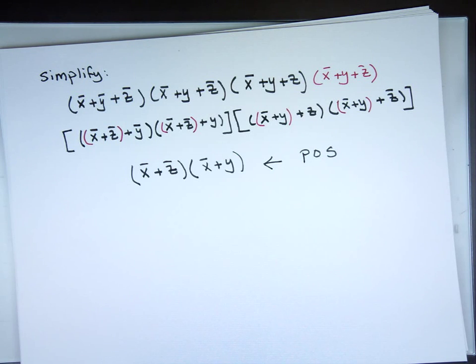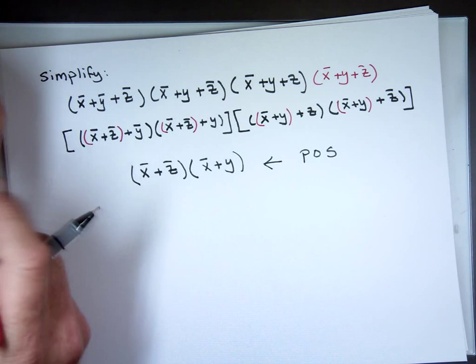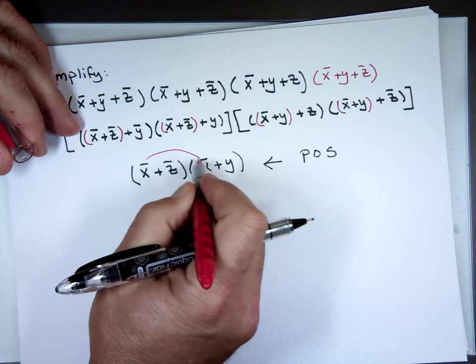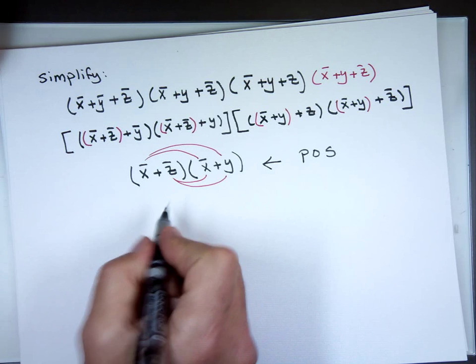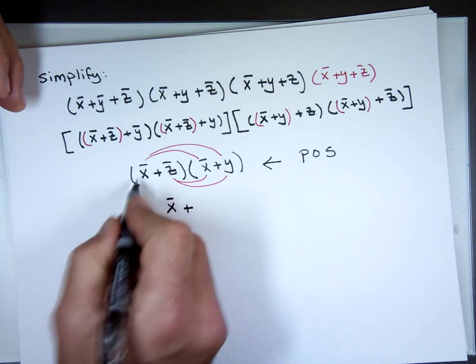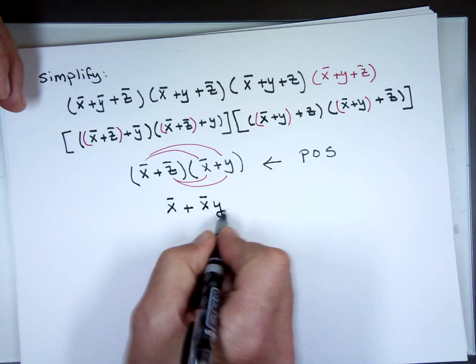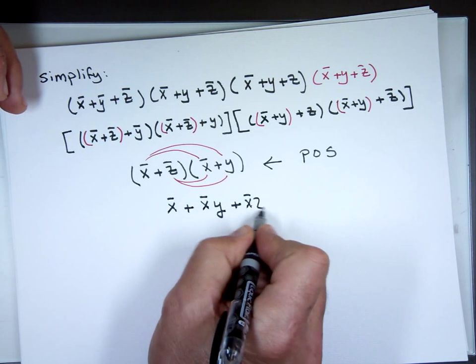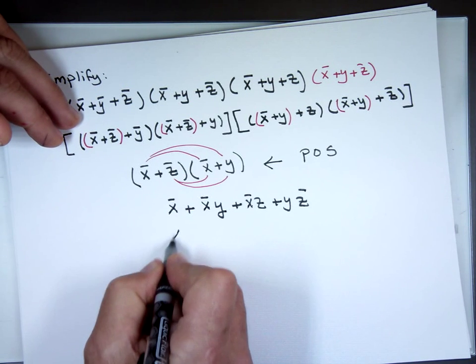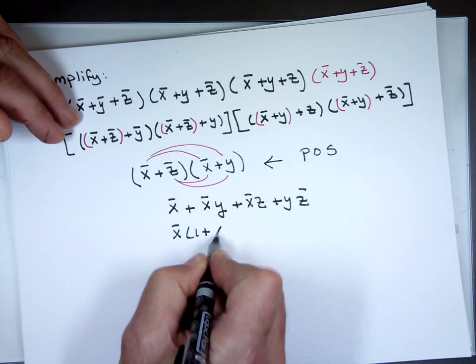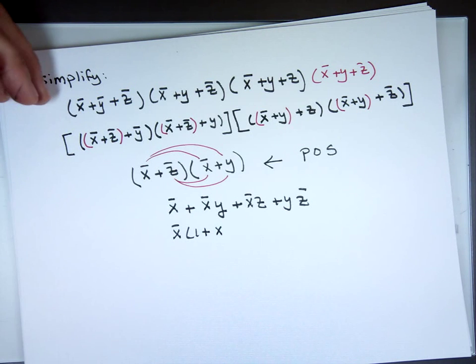Now, can I simplify this? Well, I can change it to sum of product if I want to. If I do a sum of product, I can FOIL it out. What's X bar and X bar? X bar. Y, X bar Z, plus what? Y Z bar. If you factor X bar out, that leaves me with what?